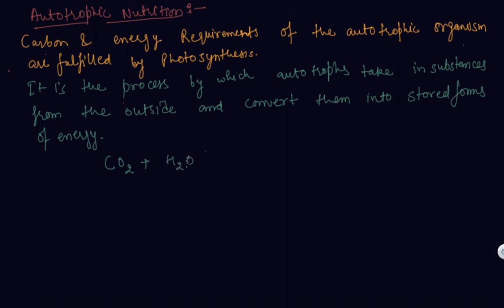The autotrophs take carbon dioxide and water, which is converted into carbohydrates in the presence of sunlight and chlorophyll. The carbohydrates are utilized for providing energy.